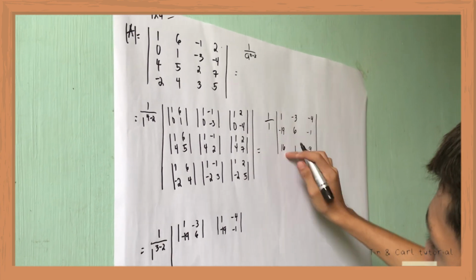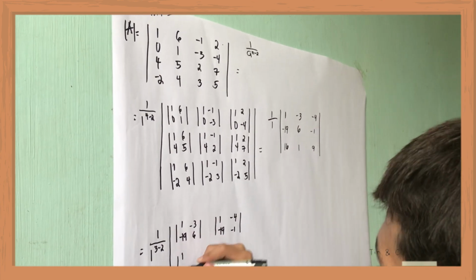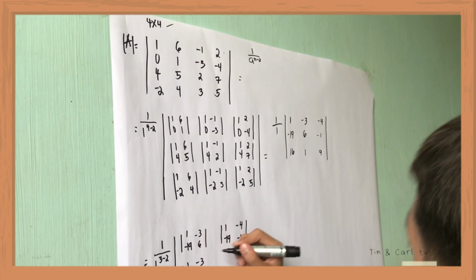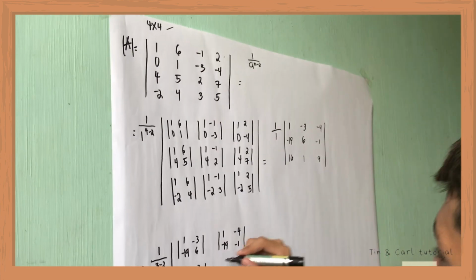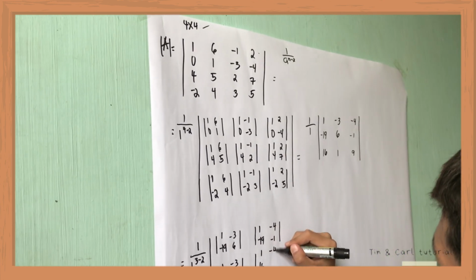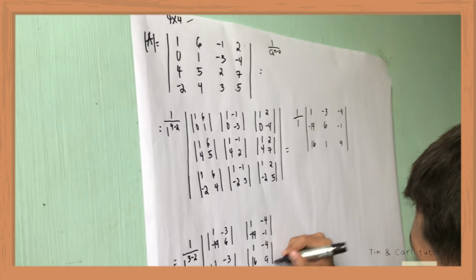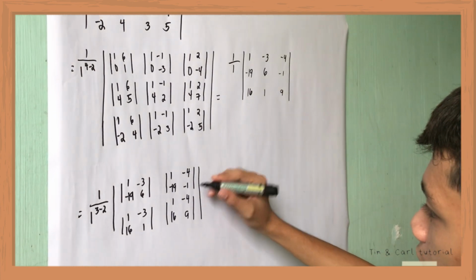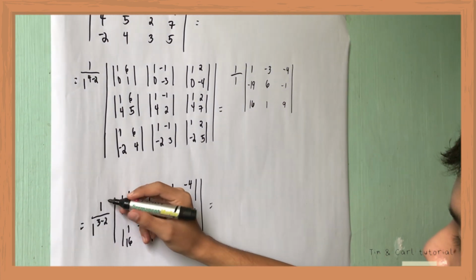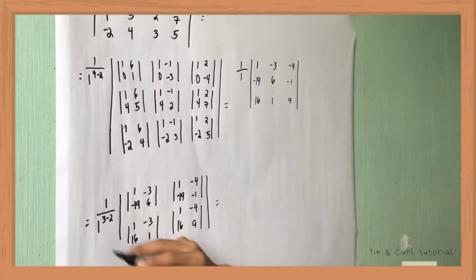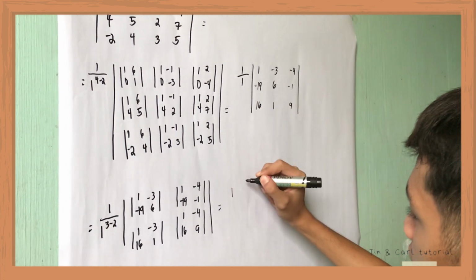So, first and third row naman, 1, 16, negative 3, 1, 1, 16, negative 4 and 9. And then, magka-come up tayo sa value na 1 over 1. 3 minus 2 is 1. 1 raised to 1 is 1 lang din. So, 1.